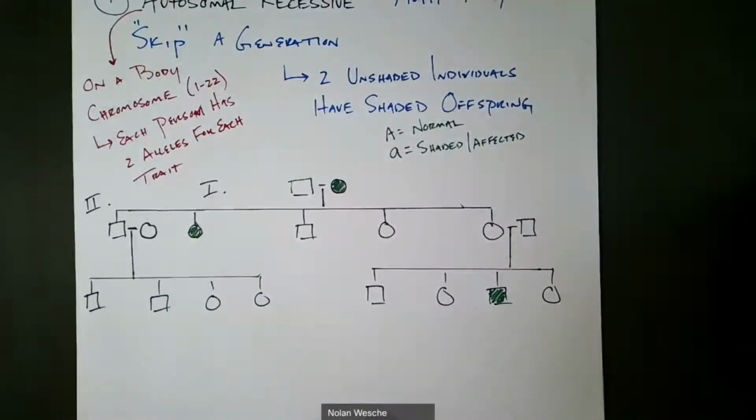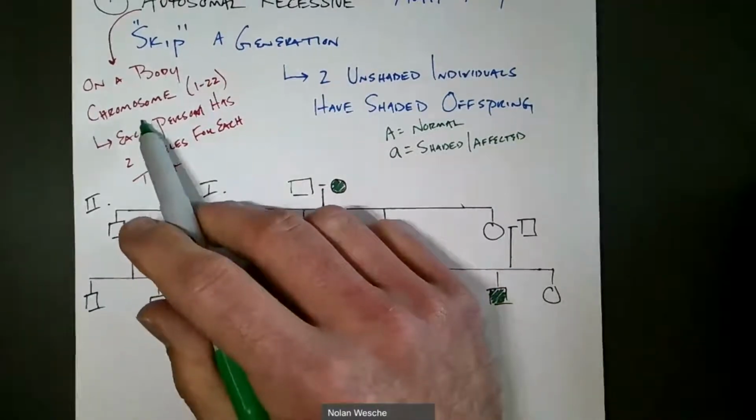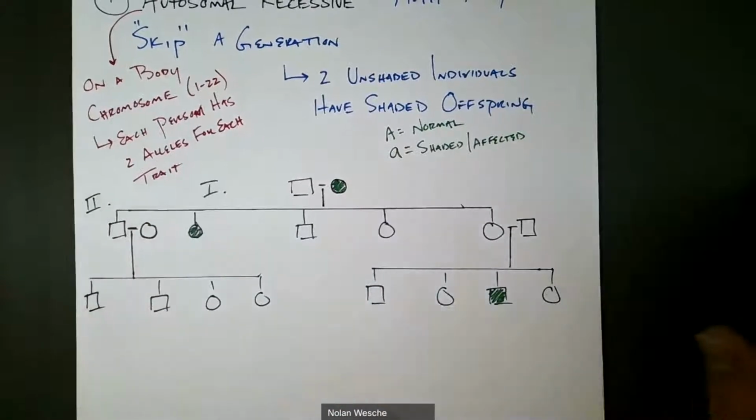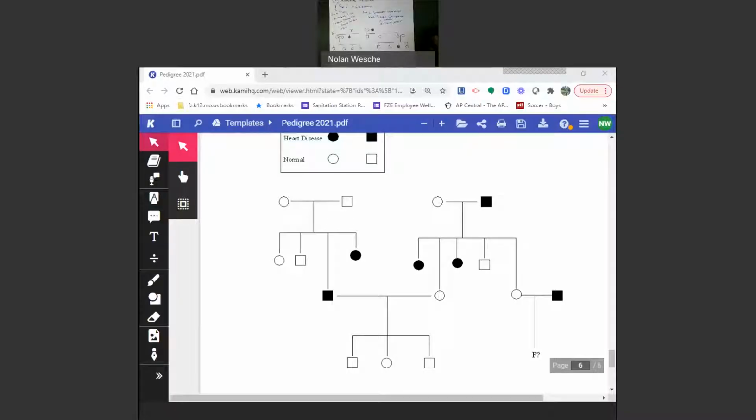Now, because this trait is carried on autosomes, chromosomes 1 through 22, each person is going to have 2 alleles. Right, and it goes back to this idea that each person has 2 chromosomes, 2 autosomes, so you would have a letter on one chromosome and a letter on the other.